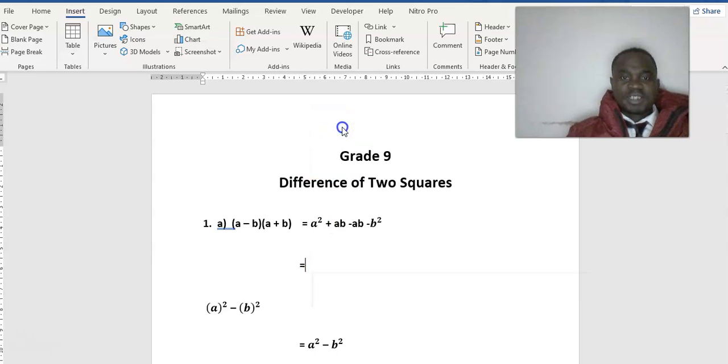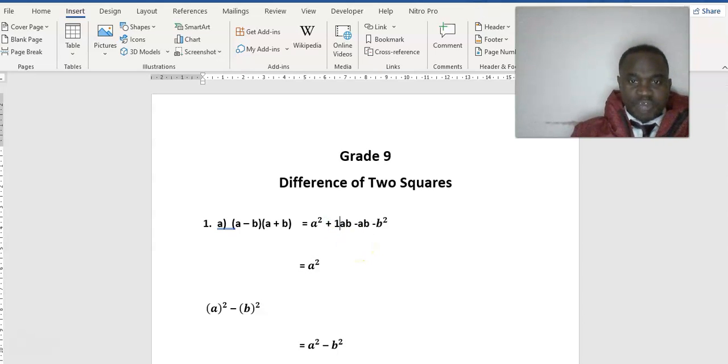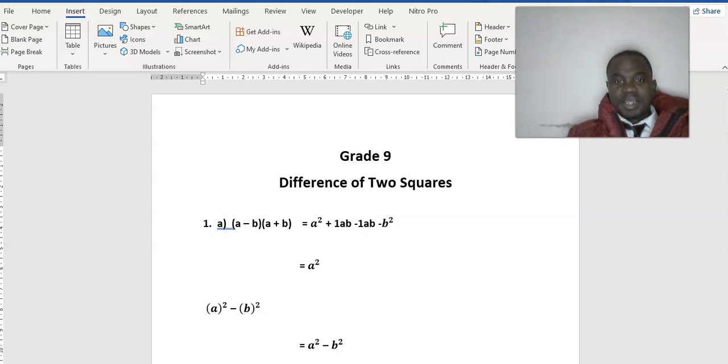So I have this. Then we are going to look at minus ab minus ab. Remember I told you, even though we don't see anything here, there is one here. So use your pencil to write one here and one here. Are we together?